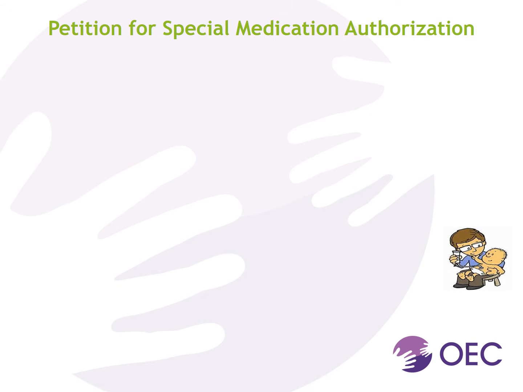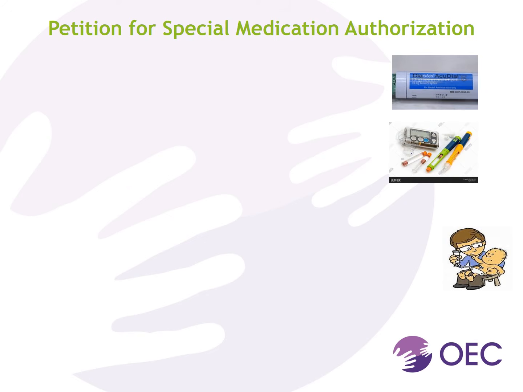A child care program may submit a written request to the OEC for unlicensed staff to administer medication in a licensed child care program by a method other than oral, topical, inhalant, or via a pre-measured commercially prepared injectable syringe. For example, a request may be submitted to administer Diastat by rectum, insulin by a syringe, pen, or pump, or glucagon by injection.